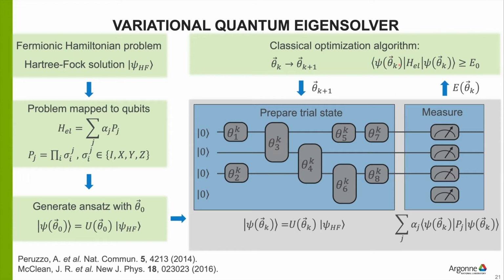So we have this loop where we get the energy from the quantum computer, and we update the parameters theta using some classical optimization algorithm. Then we prepare that state on a quantum computer again, measure the energy, and so on and so forth until we meet some convergence criteria.